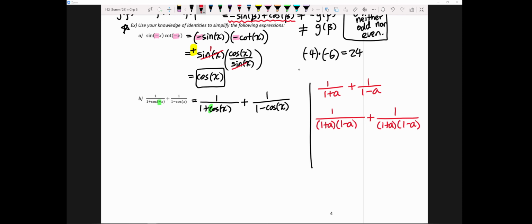But we need to rewrite each term with the common denominator. For the first fraction, if we're multiplying in 1 minus a, we need to multiply that in top and bottom. The second fraction, if we're multiplying into the denominator 1 plus a, we need to multiply that into the top and bottom.